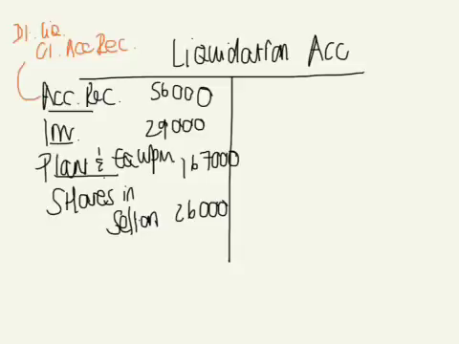Okay, second step is then to record the proceeds. I missed something with regards to the plant and equipment. There's another account that needs to be closed off to the liquidation in order to transfer the carrying amount, and that's the accumulated depreciation.